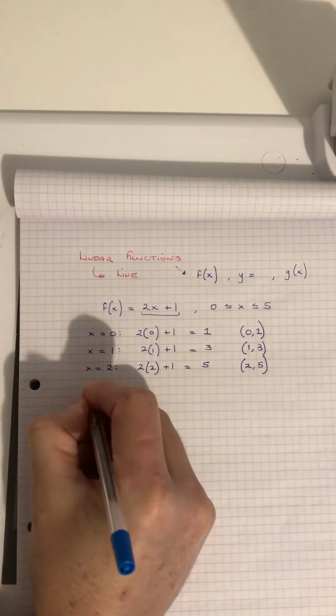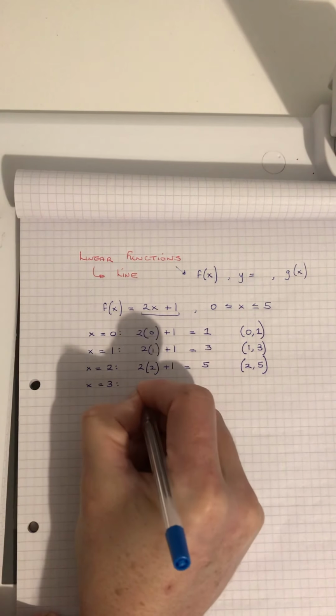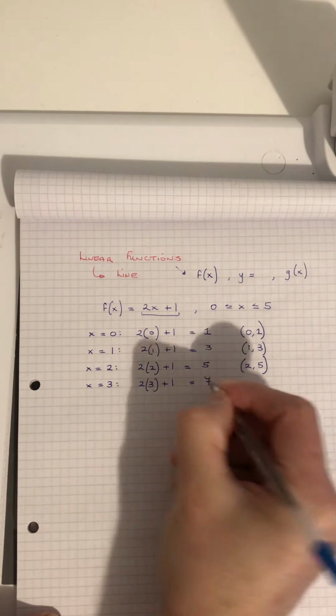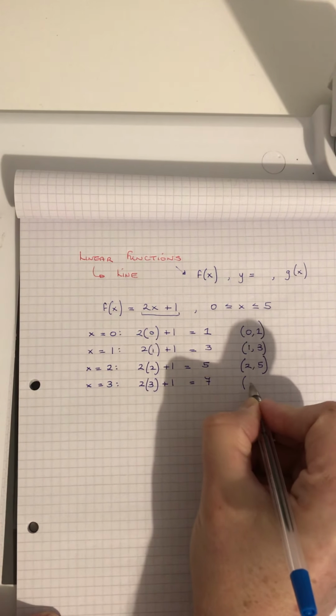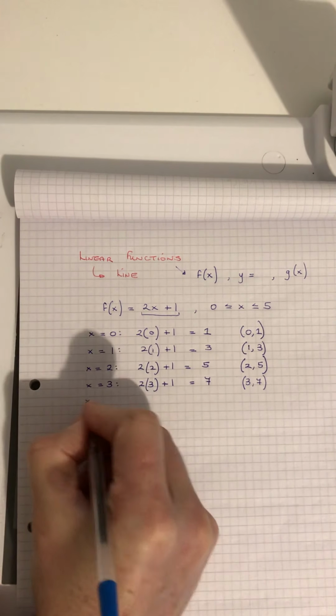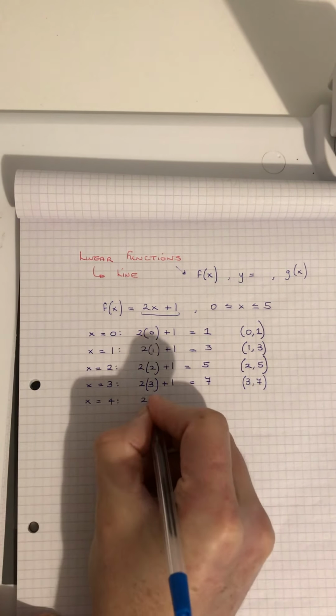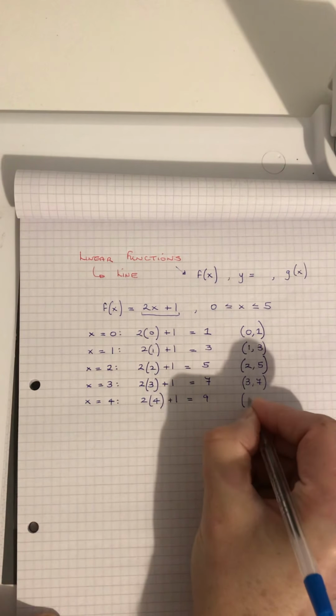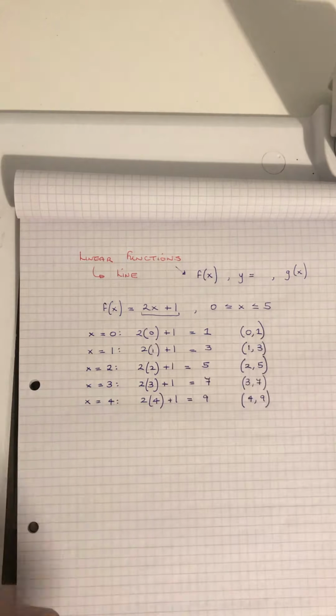When x is 3, 2 times 3 plus 1 is 7. So each time I'm just replacing the value for x, okay? When x is 4, 2 times 4 plus 1 is 9. So 4, 9.